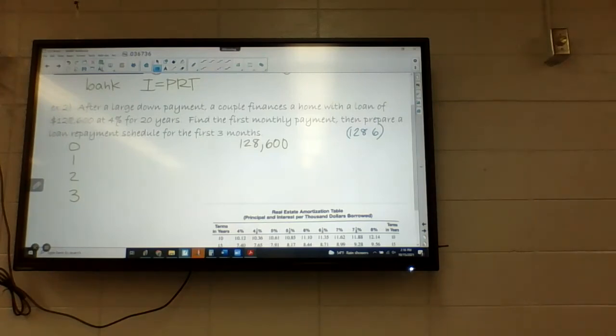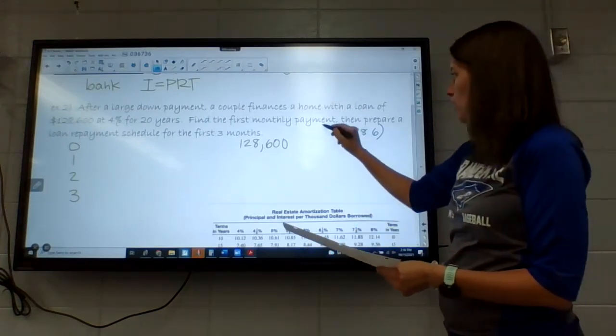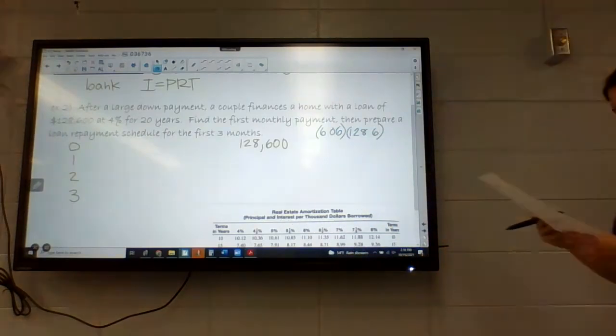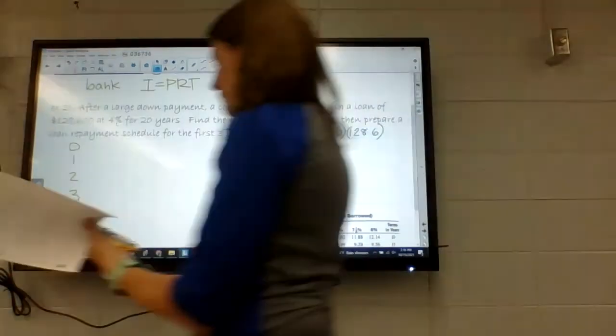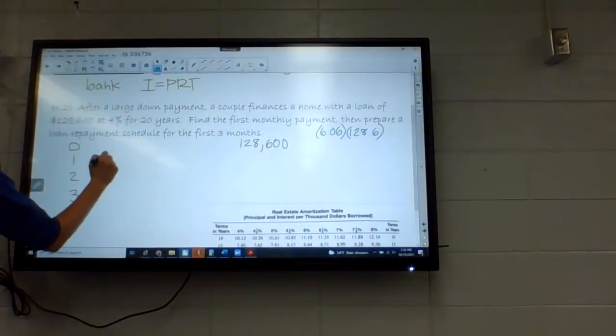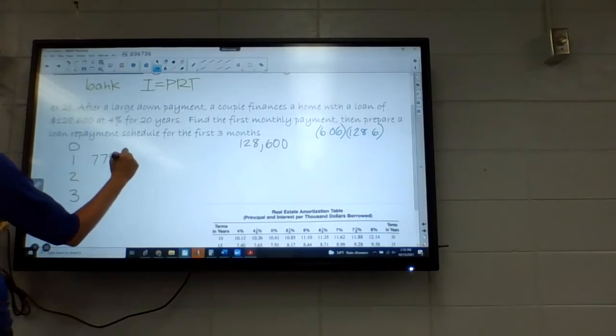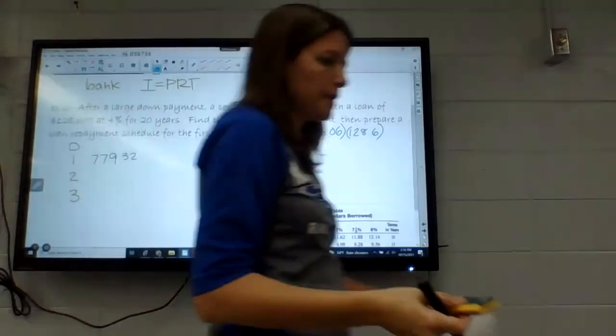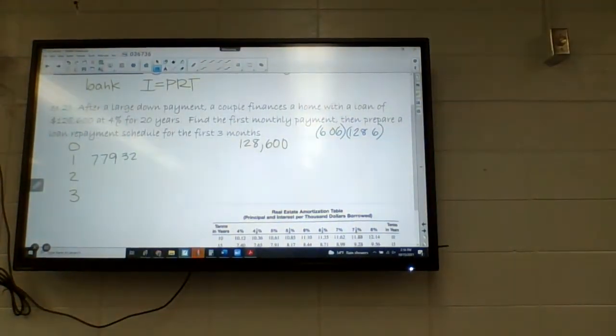But I need to grab my chart, and I'm going to look at 20 years at 4%. That's going to tell me my payment, or the number I multiply for my payment. $779.32 is what they're going to pay per month, and that's always going to be the same every month.